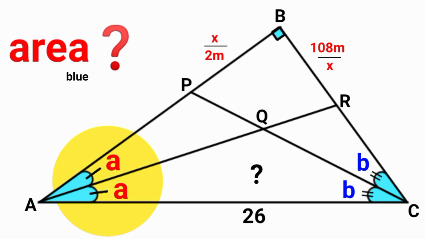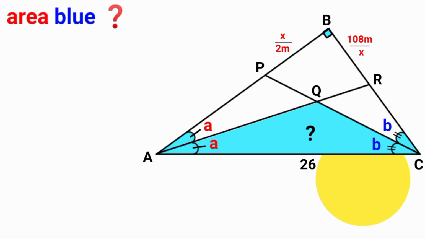If we look here, this angle has its size to be A, and there is also A. That is, they are congruent. The same is here. This angle and this both have their sizes to be B. That makes them congruent.